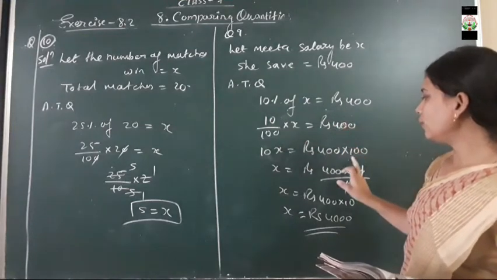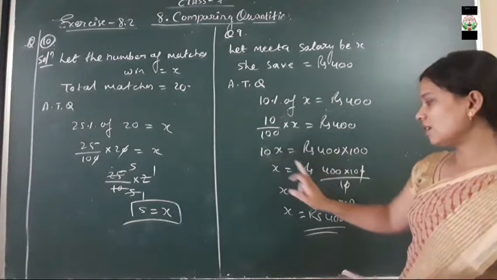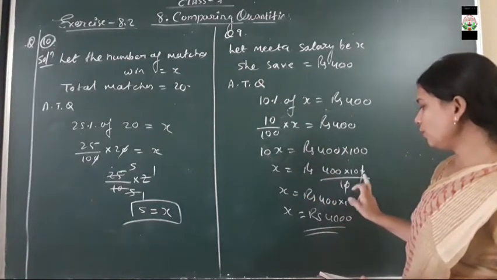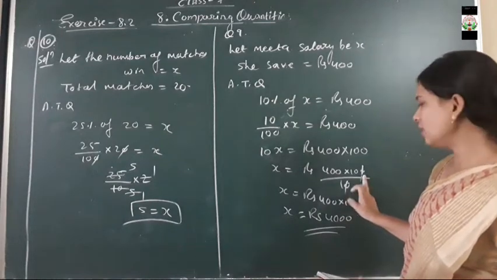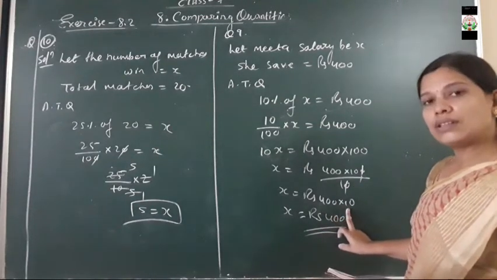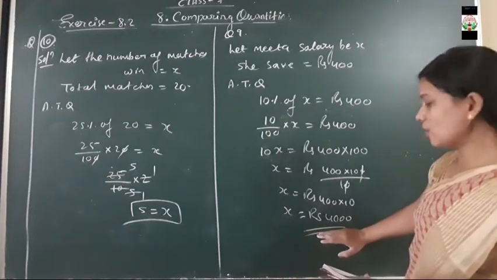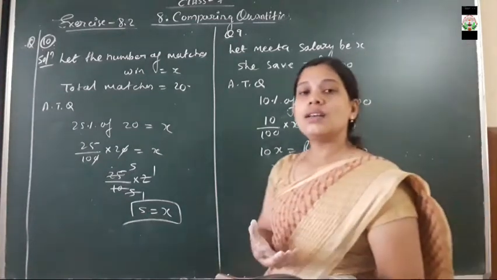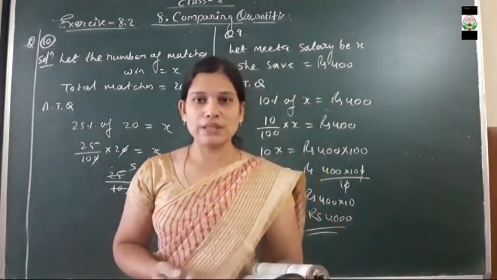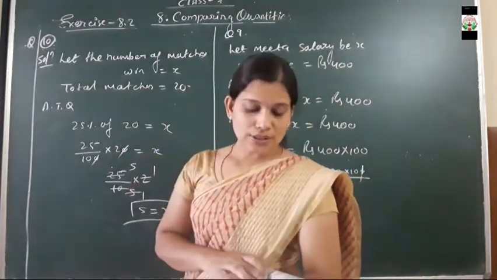So 400 into 100 will be there, and this 10 comes in the denominator. The zeros from the numerator and denominator get cancelled. The remaining is 400 into 10, which is 4000 rupees. Meeta's salary will be 4000 rupees. Clear everyone?